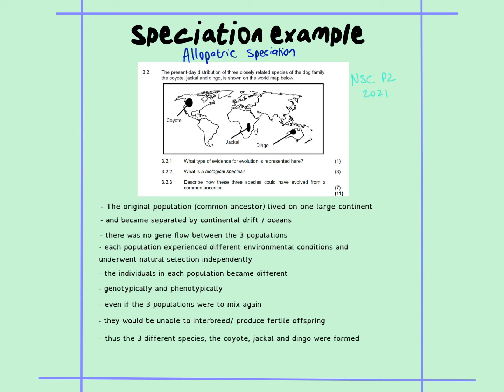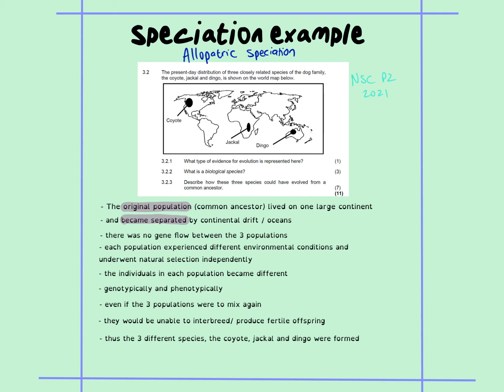So let's have a look at the parts of this answer that are actually generic parts that you then just slightly change for a different question that you are asked. So you always need to identify the original population. But actually in this case, living on one large continent is very specific to this question. But you do get a mark for the original population becoming separated by some sort of geographic barrier.